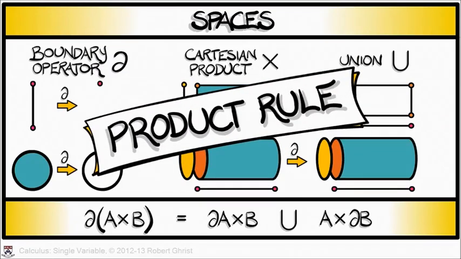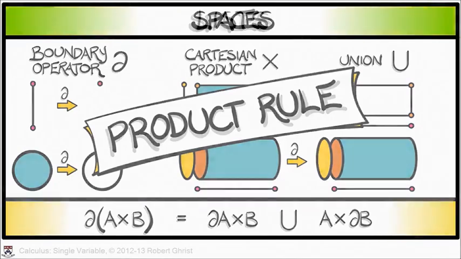Now, where have you seen something like that before? That's really a product rule, but we're not differentiating anything. We're simply computing boundaries. This gives you a hint that there's some deep relationship between differentiation and boundaries. That relationship will be fully exploited when you get to the end of multivariable calculus.